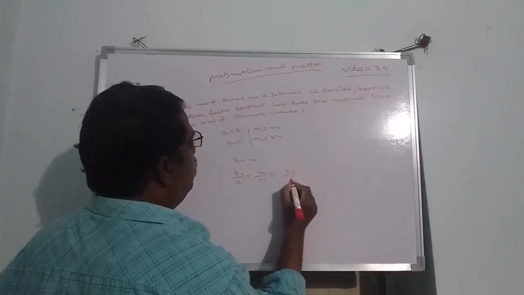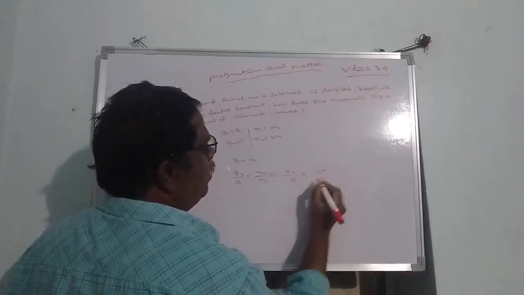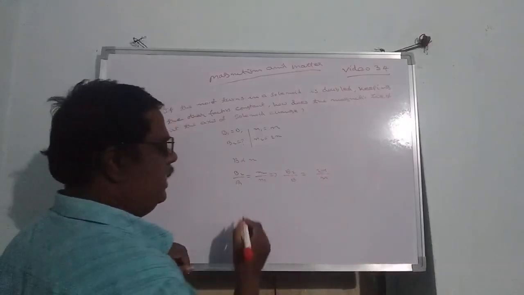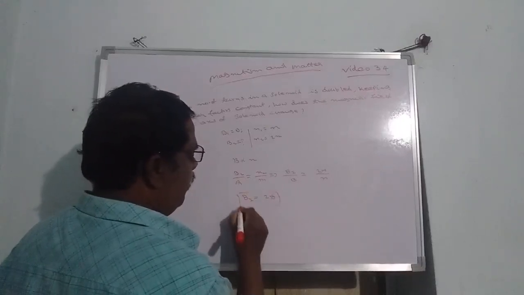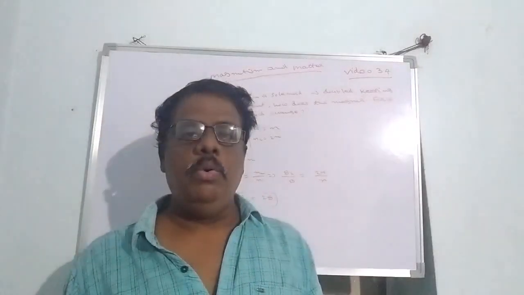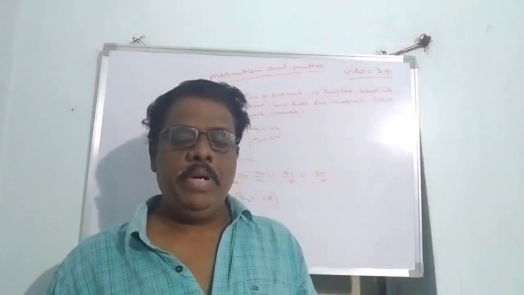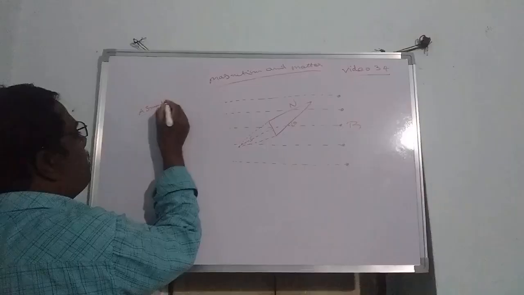B2 we don't know, B1 is equal to B, N2 is equal to 2N, N1 is equal to N. N becomes cancelled. Therefore B2 will be equal to 2B, because all other factors remain constant and we need not consider them. We have to calculate the relation between only magnetic field B and the number of turns N.